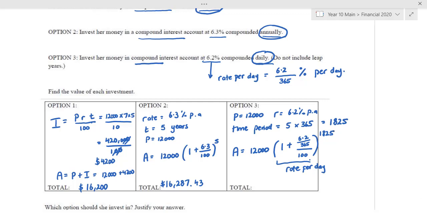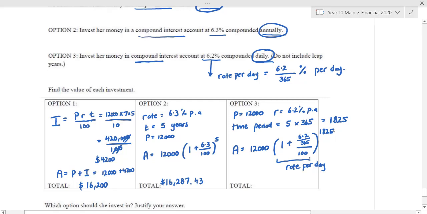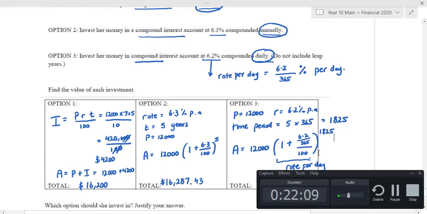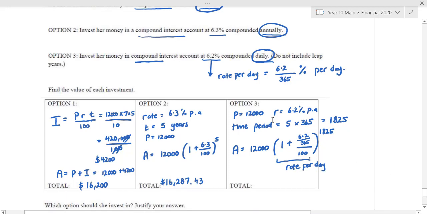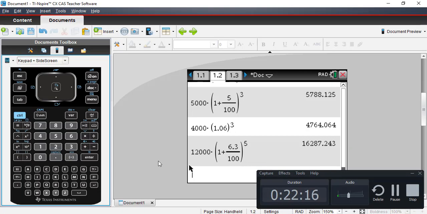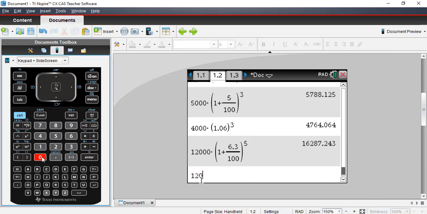Look, if you're going to do it, you might as well not do any rounding until right near the end. So let's go ahead and put this in our calculator. All right, so we're looking at 12,000. We've got a rate, 1 plus. Now, I want to have a fraction on a fraction.